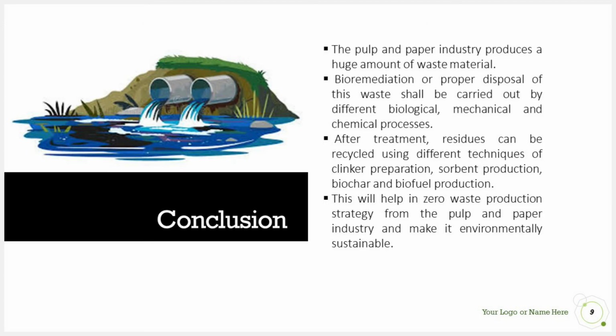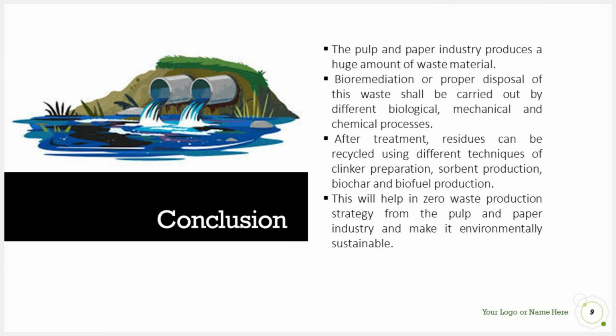from waste. In conclusion, the pulp and paper industry produces an enormous amount of waste material. The bioremediation or proper disposal of this waste is carried out by different biological, mechanical, and chemical processes. Among these processes, it is found that a single process is not able to remove all the components of waste effluent altogether.